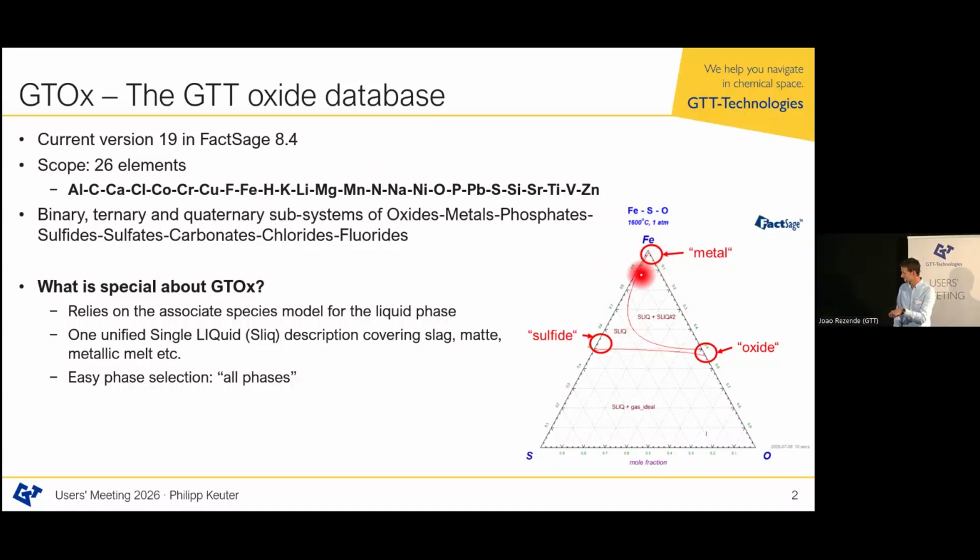Continuously, you can increase the sulfur concentration to describe, still with one liquid description, a more sulfidic melt, or increase the oxygen concentration with one liquid description.